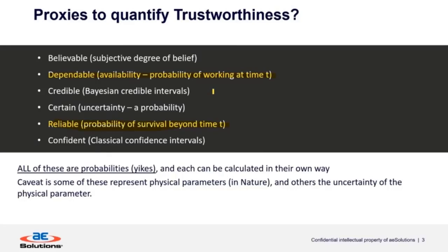Now, let me drill this point a little bit further, and let me talk about the other terms that are up here. Believability, okay, if something is believable, we might say that's associated with a subjective degree of belief. That's also a probability, and any decision we make, any choice we make, any judgment we make is very, very rarely a 0 or 100% type of confidence in the choice or judgment.